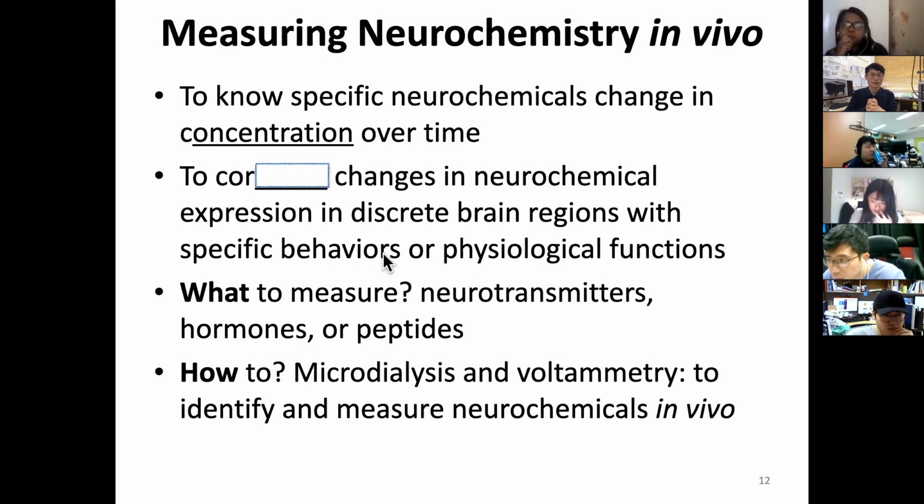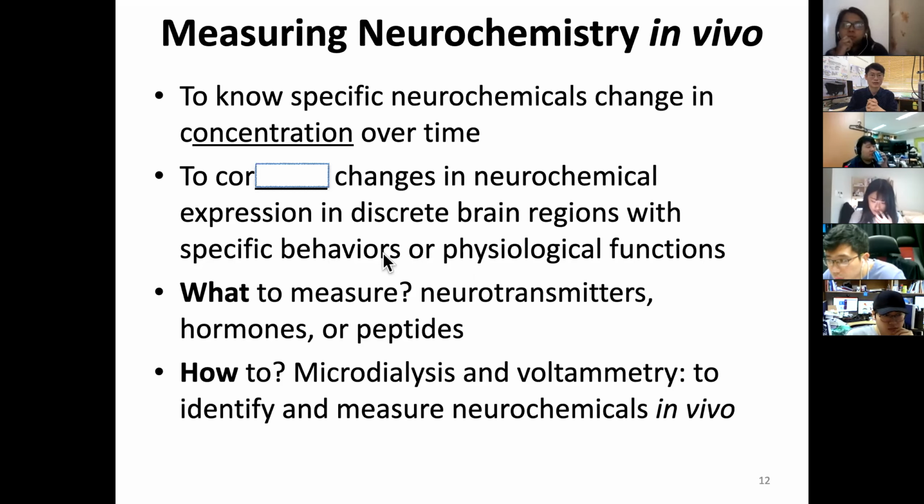By measuring a specific neurochemical, you try to link behavior or certain physiology. What you do is not usually absolute concentration, but more of changes. So relative changes.